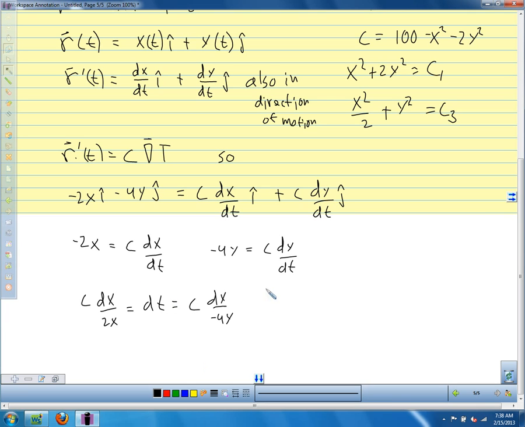So I solve each of these for dt, and now I can equate these two, and I have a relationship between x and y. Is everybody with me before I switch pages? All right, we good?